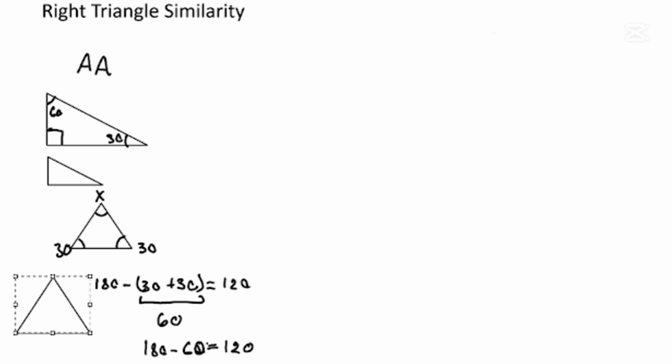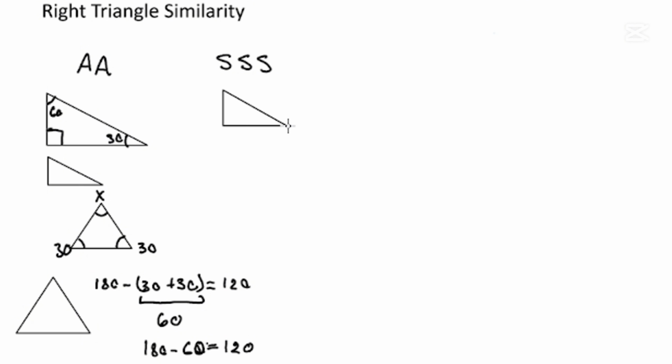The next type of triangle similarity we're going to go over is SSS, and this is where things get a bit interesting and fun, for me at least. SSS here. So we know 3 sides of the triangle.